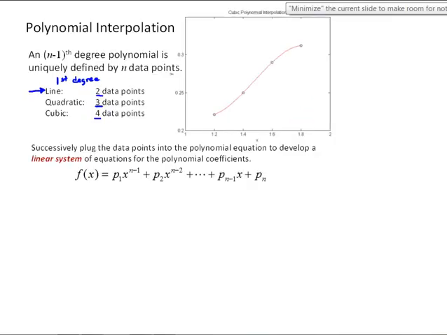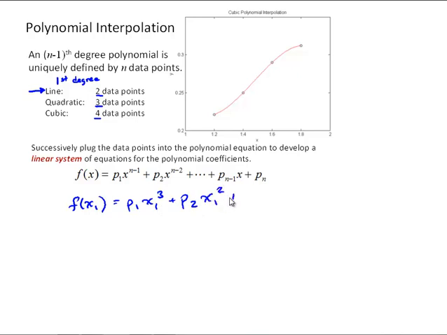And what I'll do now is look at just plugging in, say, for a cubic polynomial, we would have f at x1, which would be our value at x1, is equal to p1 x1 cubed plus p2 x1 squared plus p3 x1 plus p4. So that gives us a linear equation. So the data points would be x1 and f of x1 would be our data point.